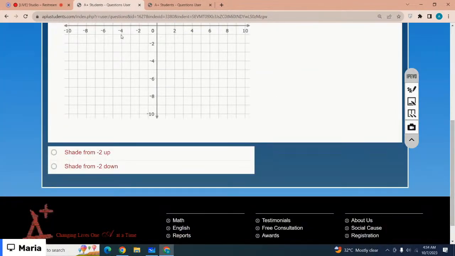Here is negative 2, and y is less than that, so that would be down. Shade from negative 2 down, right? The correct option is shade from negative 2 down.